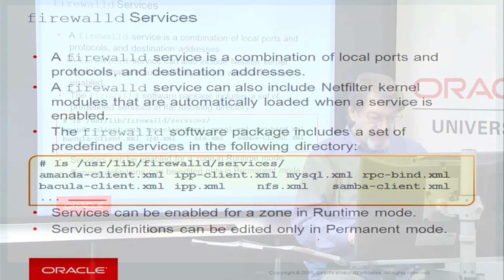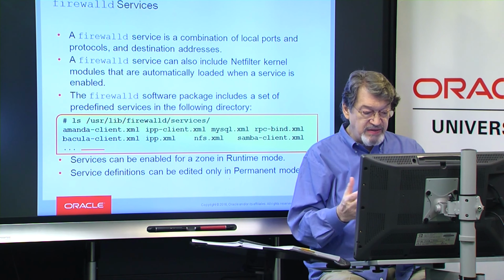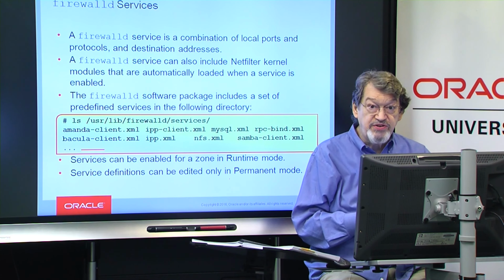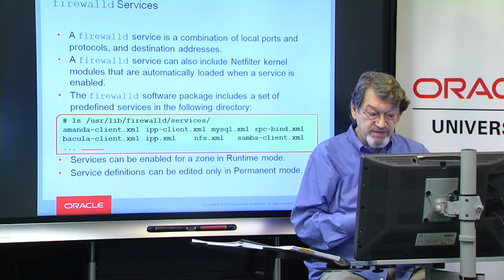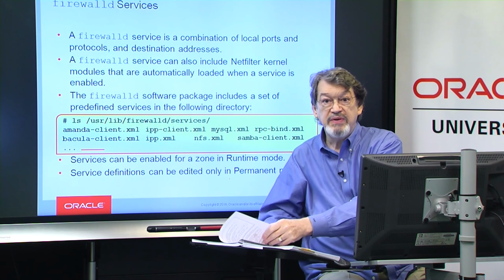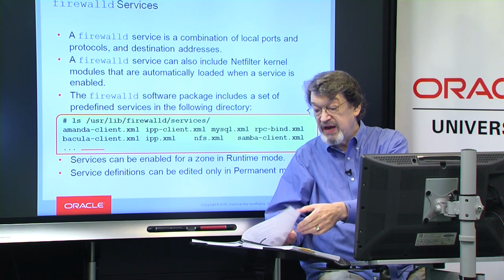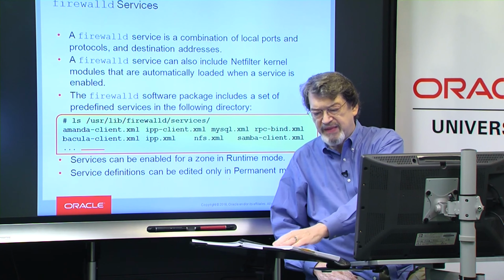It is extensive. Services can be enabled for runtime. Service definitions can be edited only in permanent mode, because you're going to change the XML file. And if that particular XML file happens to be your default zone, that change becomes official.